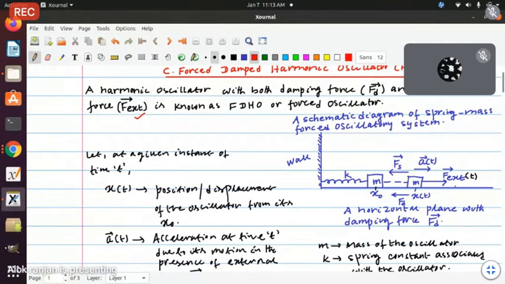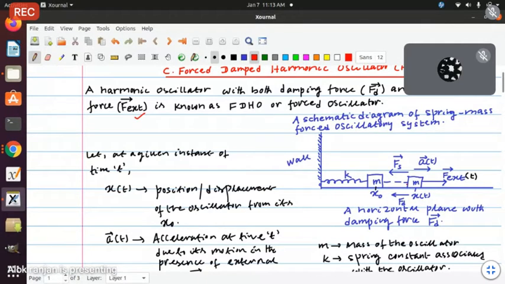We'll see what the mathematical expression for the external force could be. Do remember it is time dependent. Whenever you have a schematic diagram, whatever symbol or notation you use, you have to explicitly mention them, otherwise they don't make any sense.